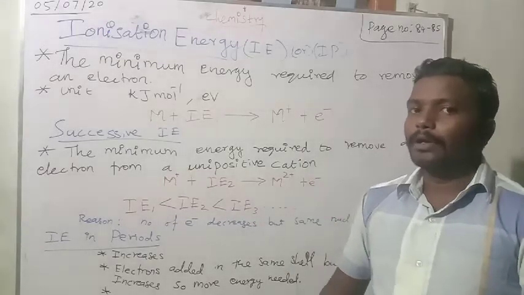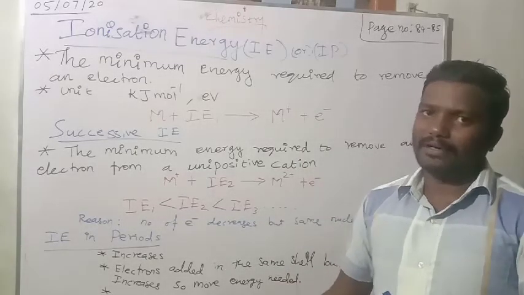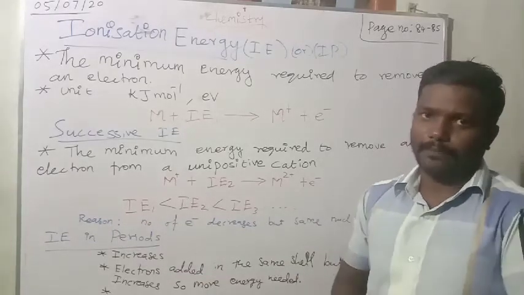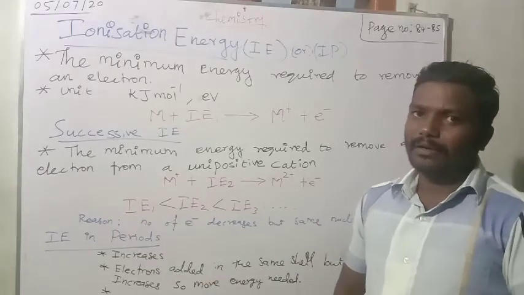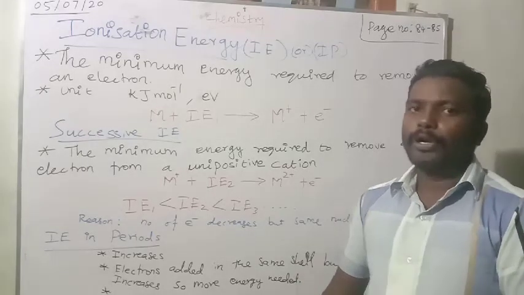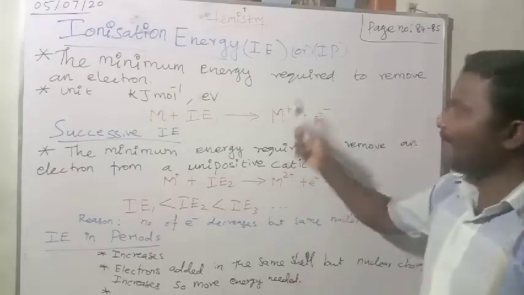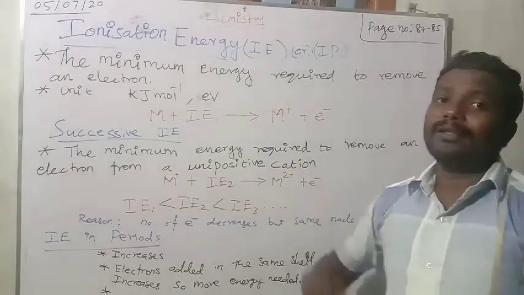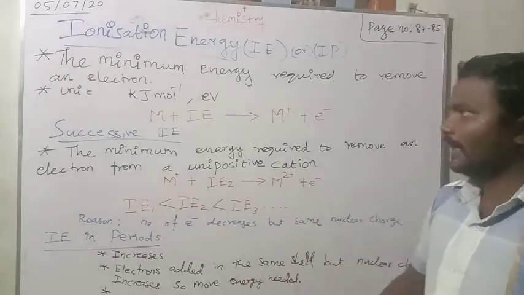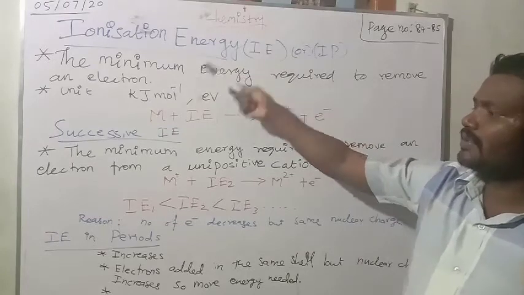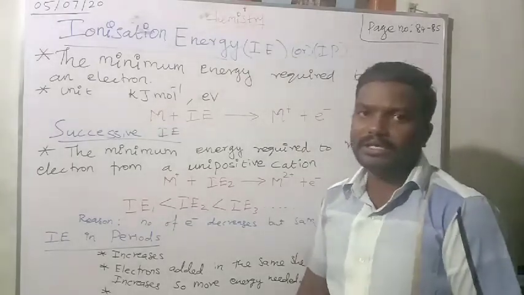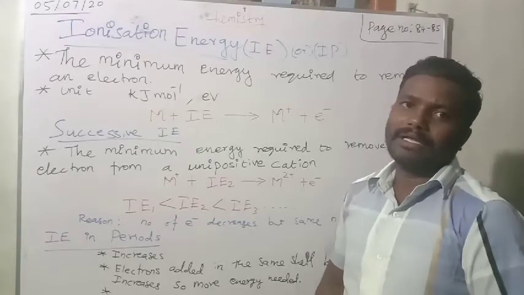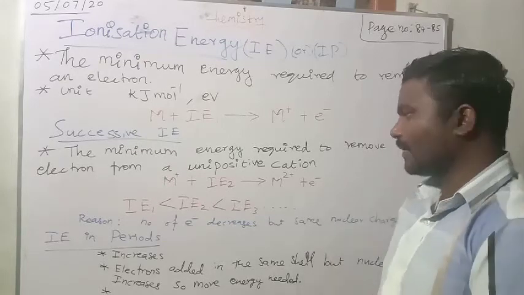What will happen? Nuclear charge is high, the number of electrons is less, so it will attract more effectively than the neutral atom. Because of that, if you remove one more electron from the same element, you have to apply more energy than the previous one. That's why the second ionization energy will be more than the first ionization energy, right?